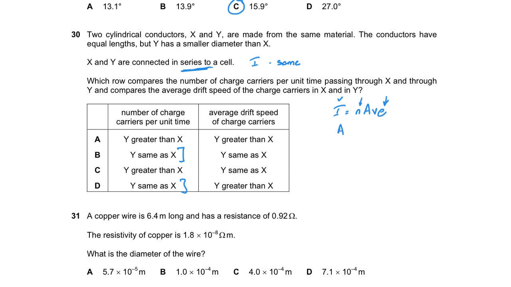That means A is inversely proportional to v, or v is inversely proportional to A. So the one having a greater area would have a lower drift speed, and vice versa. So from the question, I know Y has a smaller diameter. So that means Y will have a smaller area and Y will have a greater drift speed than X. The answer therefore is B.